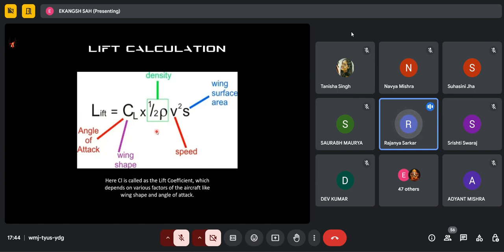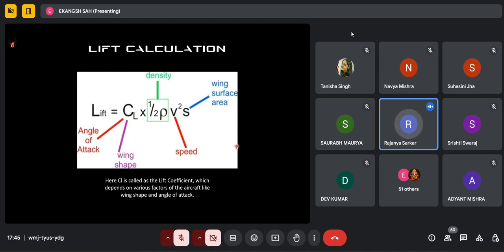Next, rho is the density of air adjacent to the wing. Next, the term L is the lift. Now, the question is, what is the CL? Basically, CL represents the coefficient of lift. This coefficient of lift accounts for all the other parameters other than the density, velocity, and surface area.